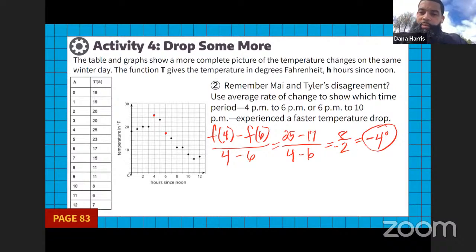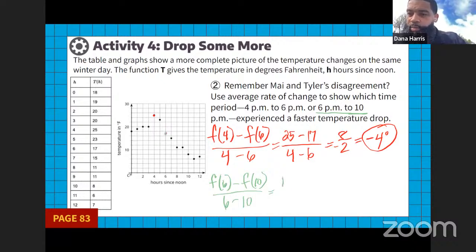If we look at May's thought process between 6 p.m. to 10 p.m., we're going to say f of 6 minus f of 10 over 6 minus 10, okay? So what was the temperature at 6 p.m.? We said 17 degrees. And at 10 p.m., it is 8 degrees, over 6 minus 10, okay?